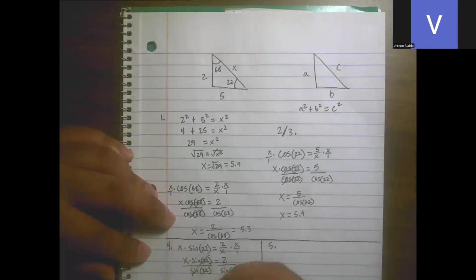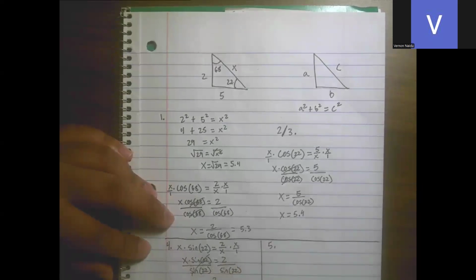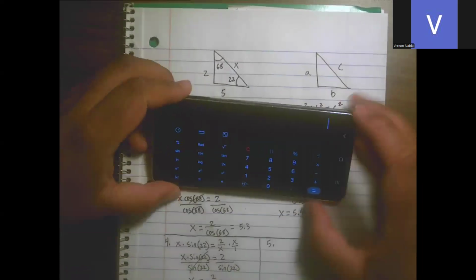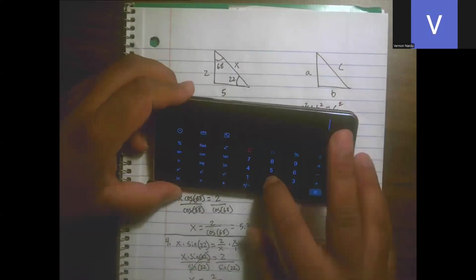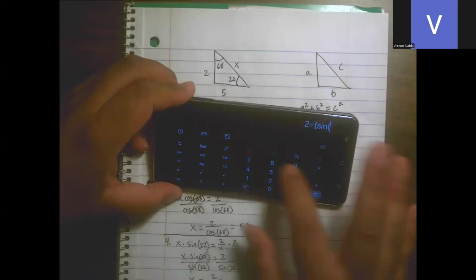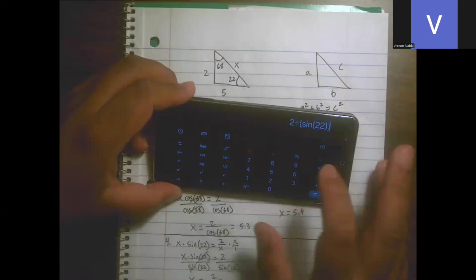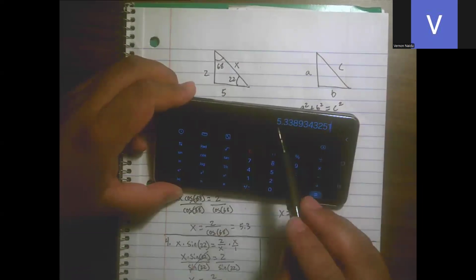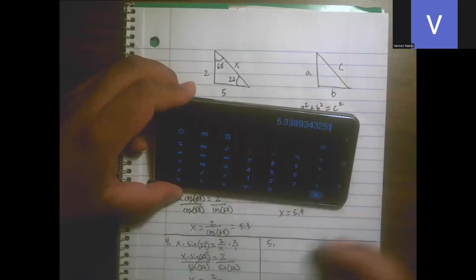We'll do x is equal to 2 over sine of 22. We'll plug this in the calculator. 2 divided by sine of 22. So I have a similar situation where we get 5.33. So we'll say that x is equal to 5.3.